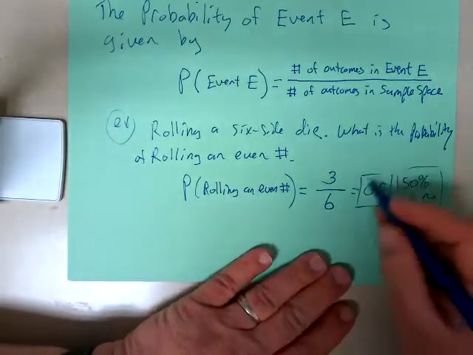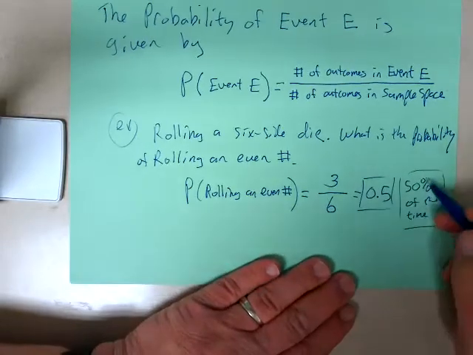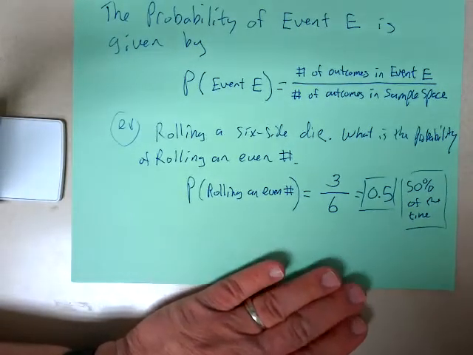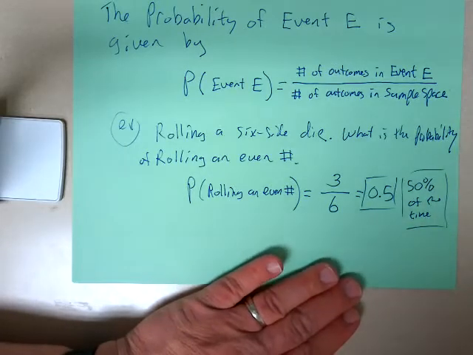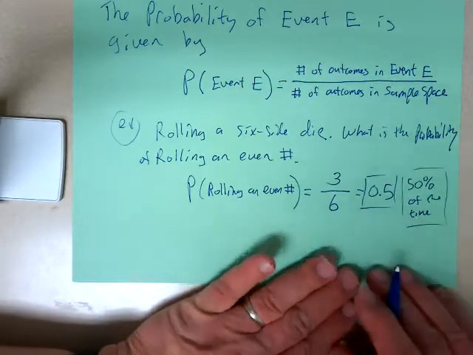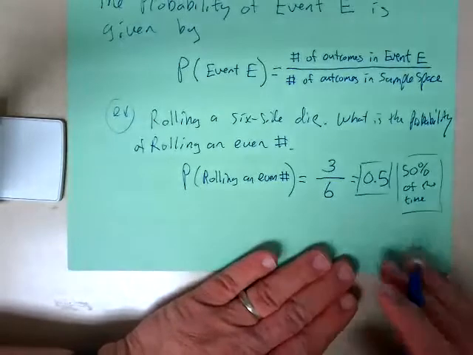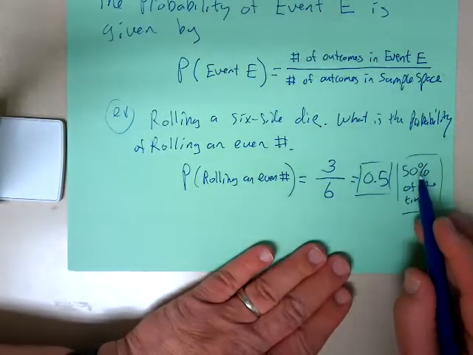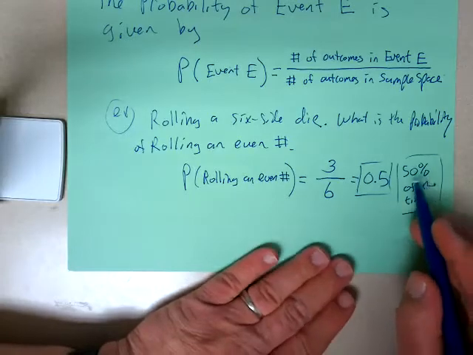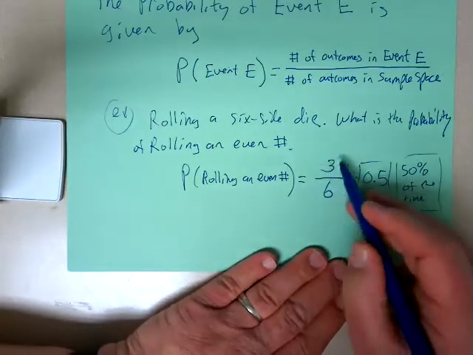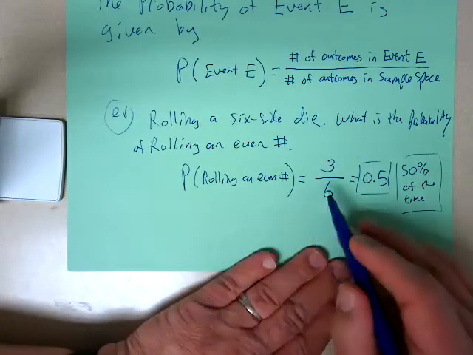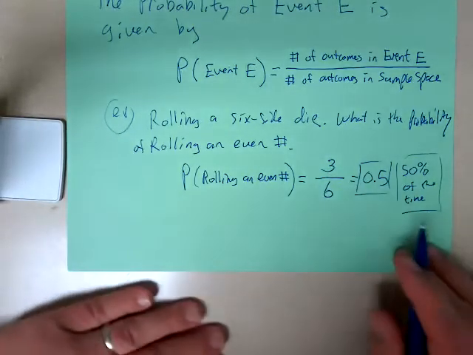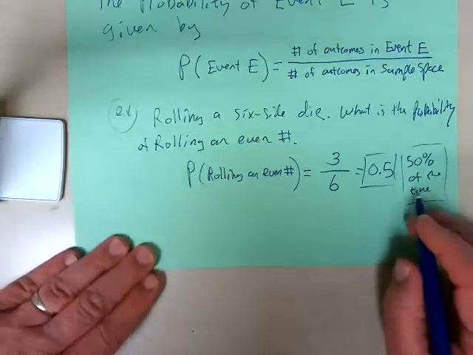Okay, so this is normally thought of as the probability, but oftentimes we talk about percentage of time, like this percent of the time it's going to happen. And so we think of those in terms of percentages. And basically what you can think of this as is it's the percent of outcomes in the sample space that are in the event. So half of the outcomes in the sample space are in the event. Okay? So that's actually what it is.